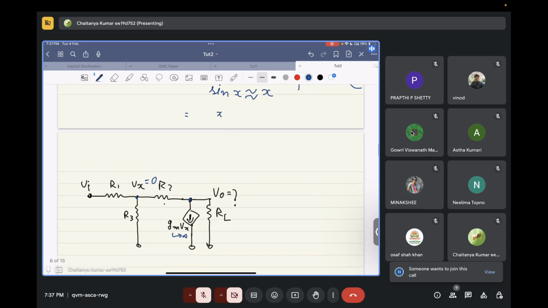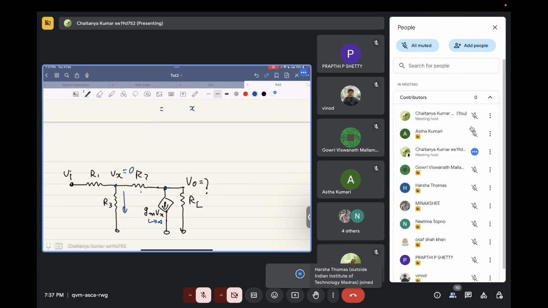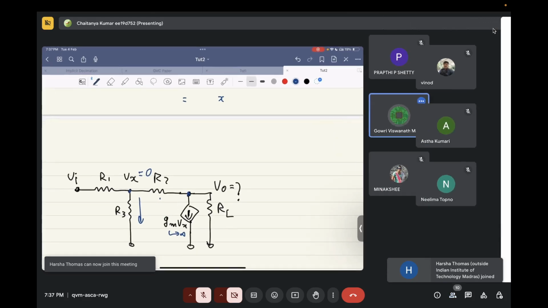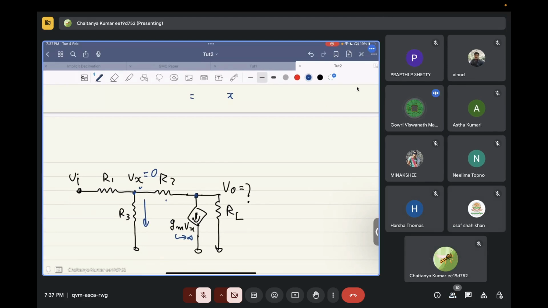Now, if Vx is equal to 0, what will be the current flowing through R3? It's 0. What is the potential drop across R3? It's zero, sir.